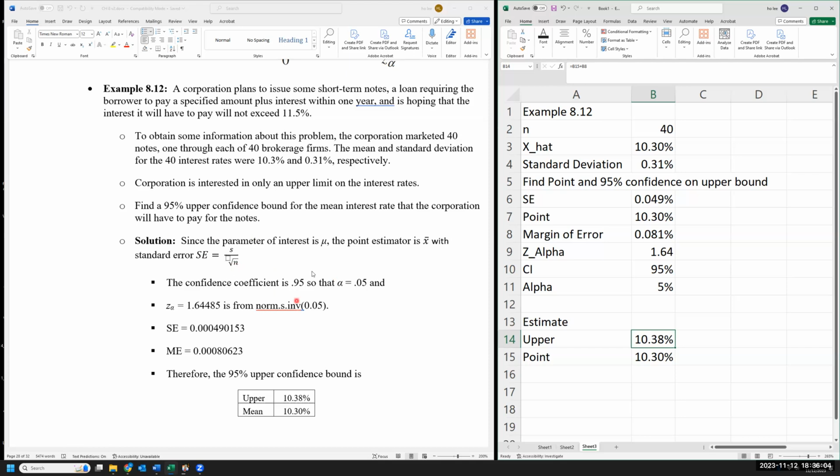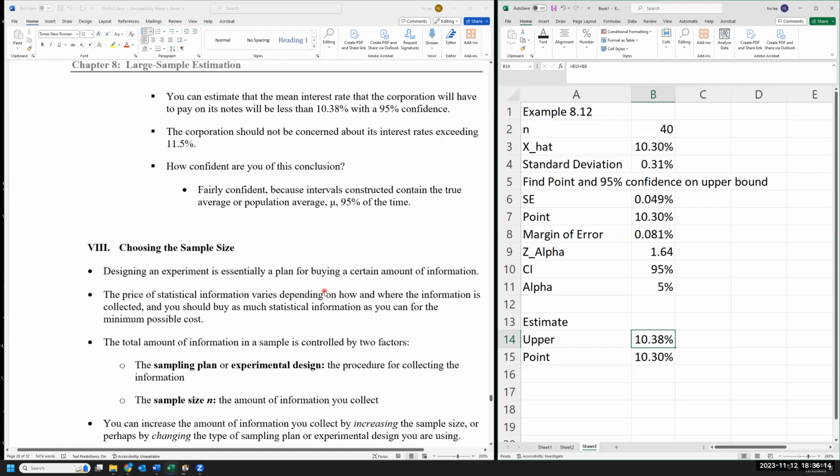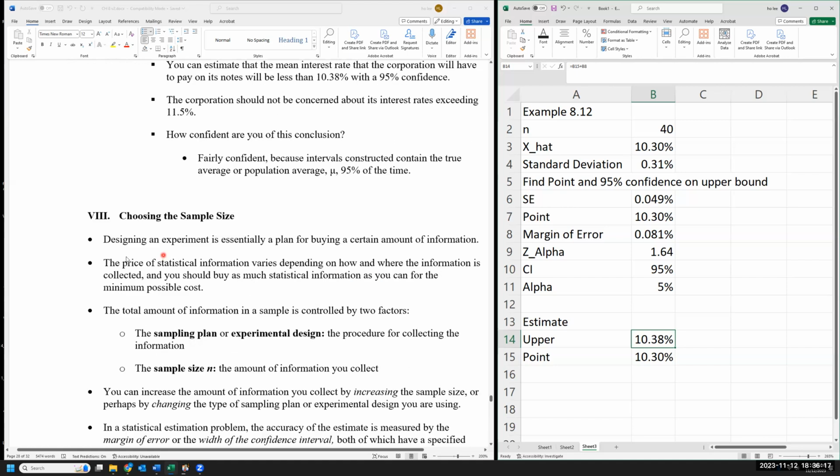So we're going to solve this formula for n, and we're going to put other things in there and find what n has to be. Okay, I know that sounds weird, so let's go through it. Designing an experiment is essentially a plan for buying a certain amount of information.